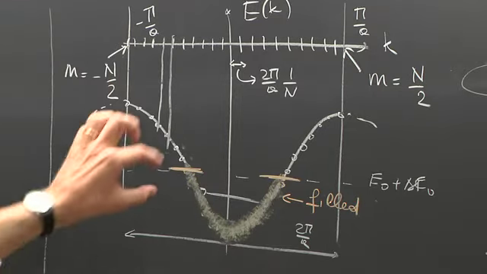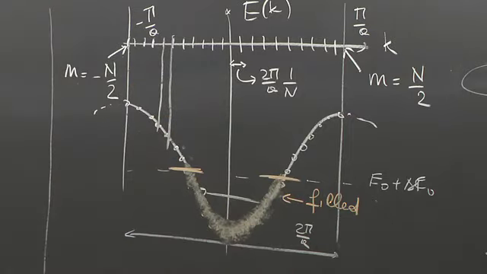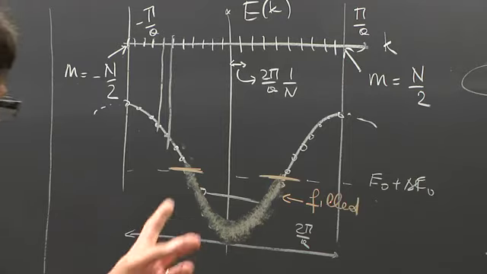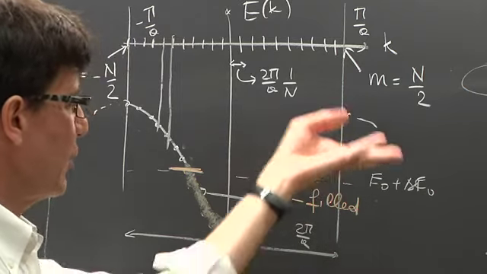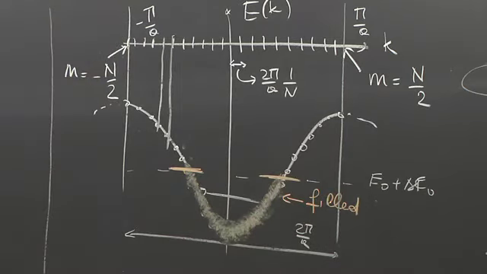You're just making this grid extremely fine, to the point that it becomes a continuum of points, but the fact that all these states are filled up to halfway and all the other ones are empty remains true, of course, for an arbitrary n, and therefore also for n going to infinity.